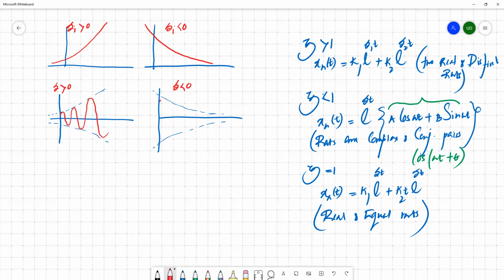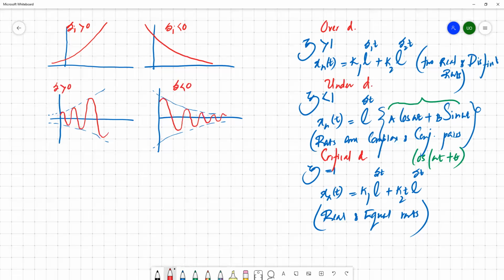Or else, if your sigma is negative, less than 0, this is the response of the scenario. You have a kind of under damping scenario. So this is over damping, this is under damping, this is critical damping.